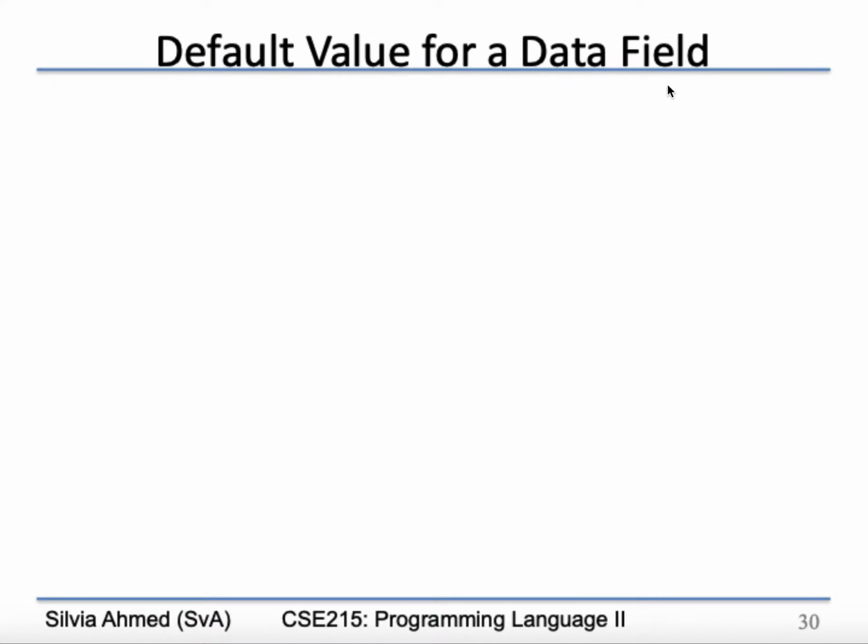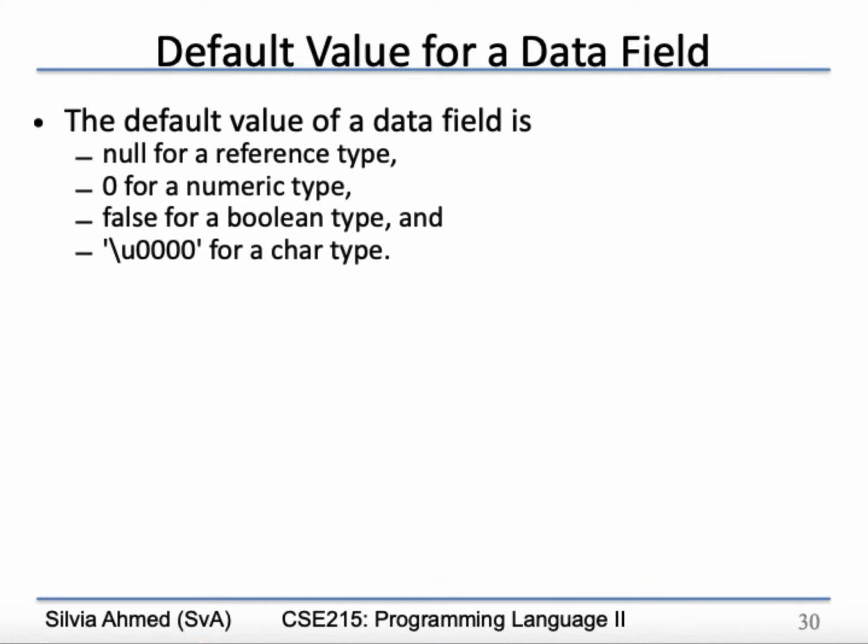So when a type is declared as a data field of a class, that type has some default values. The default value of a data field is null for any reference type, and 0 for any numeric type like integer, short, double, float.